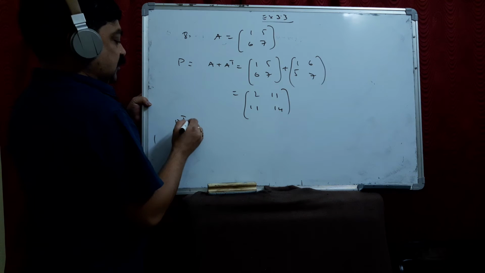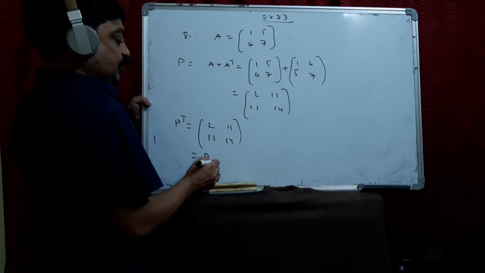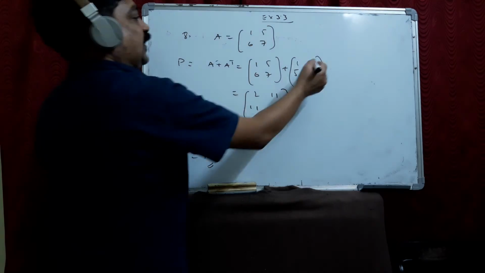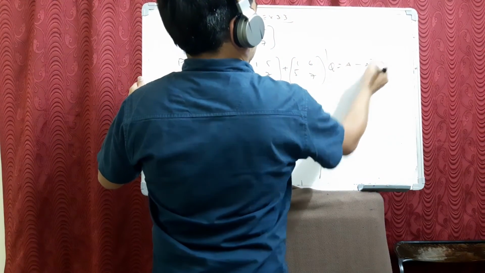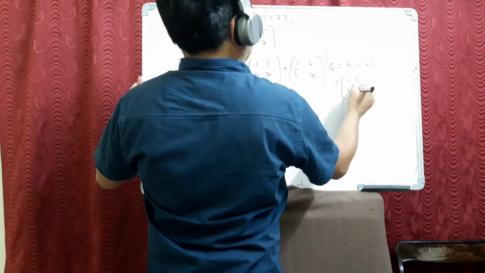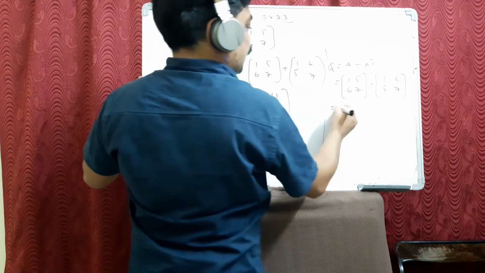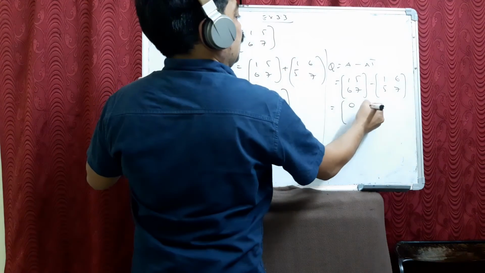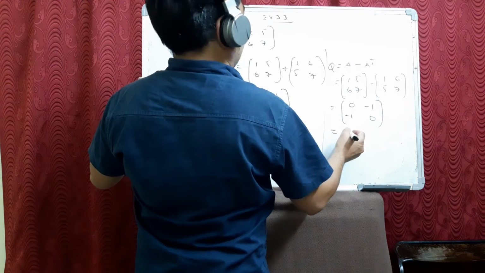Now what is P transpose? 2 11 11 14. It is P. So P is symmetric. In the same way, let us take Q. A minus A transpose. 1 5 6 7 minus 1 5 6 7 transpose. It becomes 0, minus 1, 0. Take minus common.